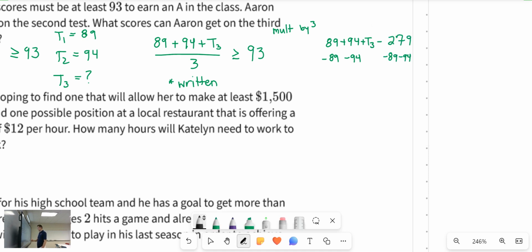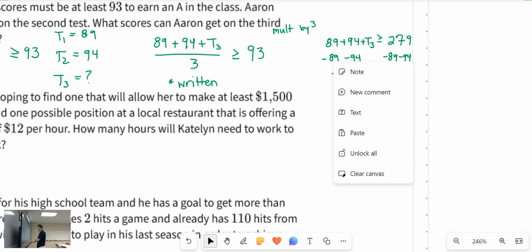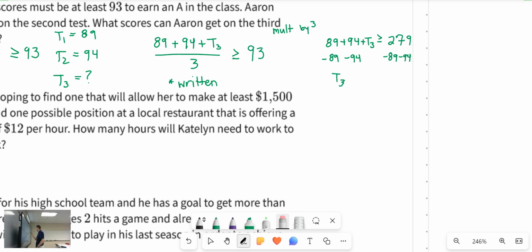It should be a greater than or equal to. T3 has to be greater than or equal to something. When we subtract these away, the left side will just result in T3, and it's going to be greater than or equal to.